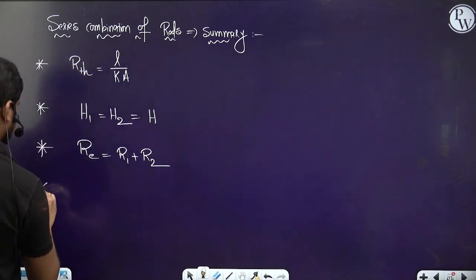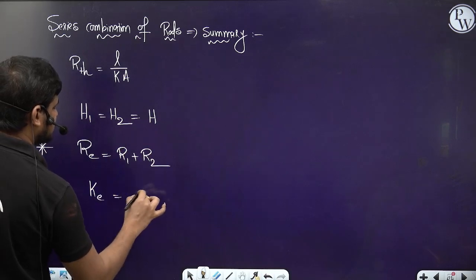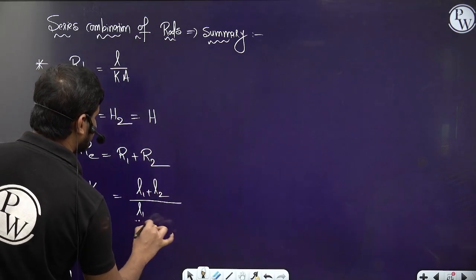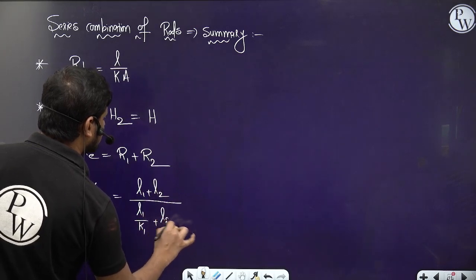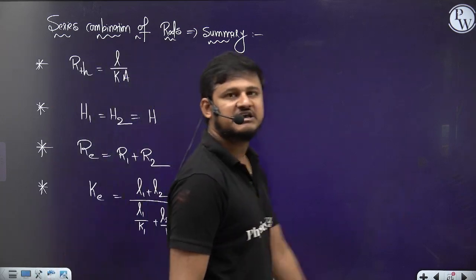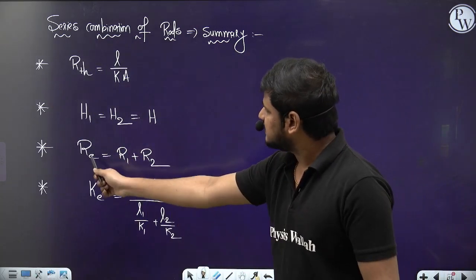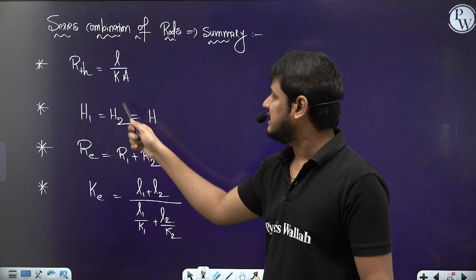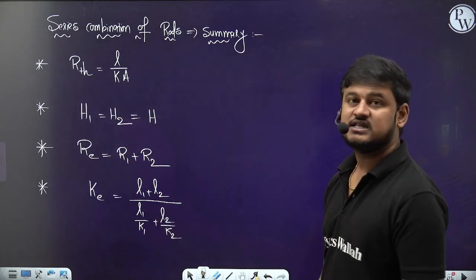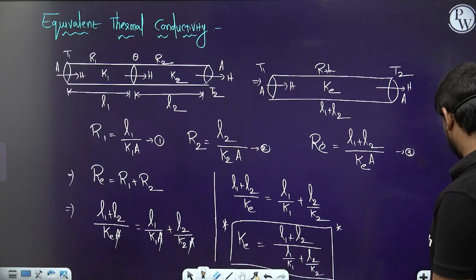Then the K equivalent is L1 plus L2 by L1 by K1 plus L2 by K2 plus L3 by K3 and so on. These are the things we have to remember in the series combination of conductors.